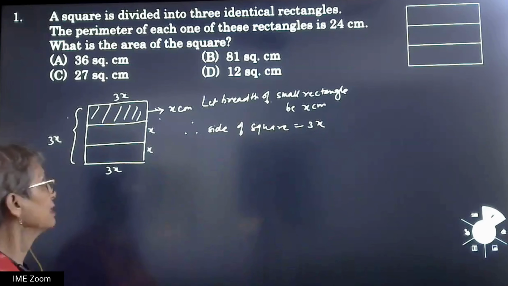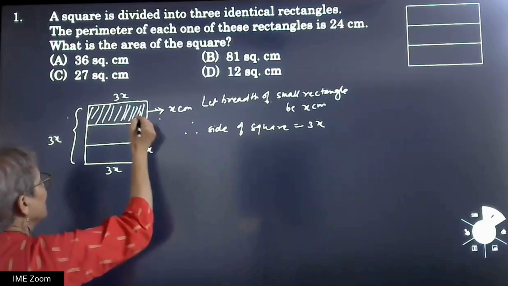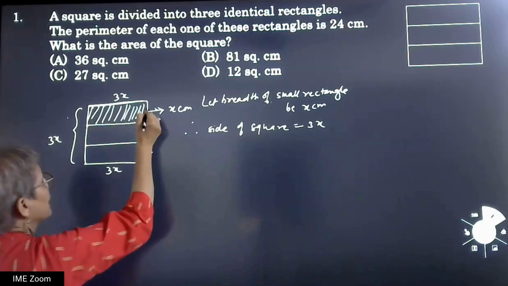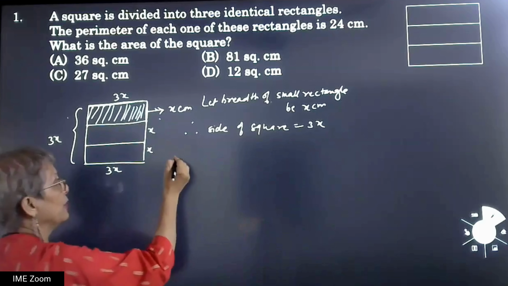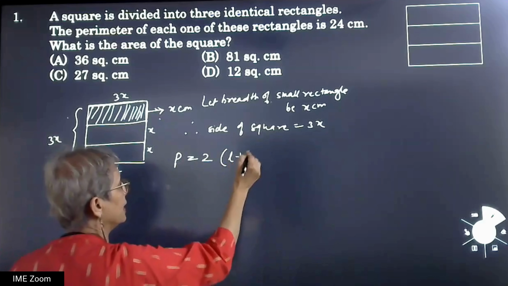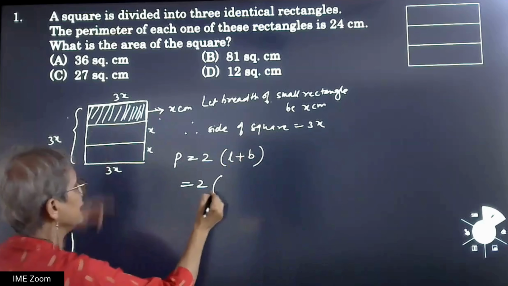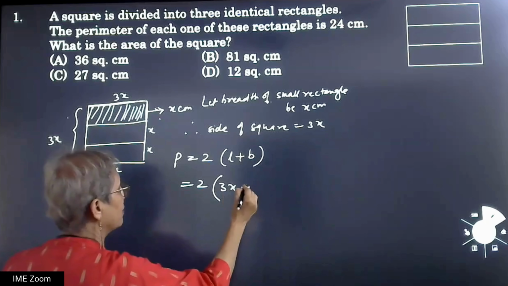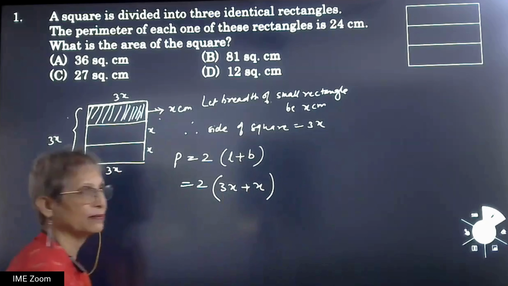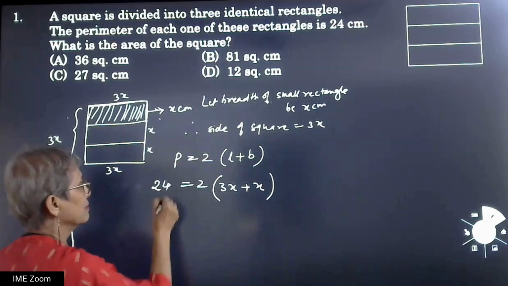Now what is given to us? The perimeter of this rectangle. Here the length is 3x and the breadth is x. So the formula is perimeter equal to 2 into bracket L plus B. So 2 into bracket 3x plus x, and the perimeter is given to us, that is 24.